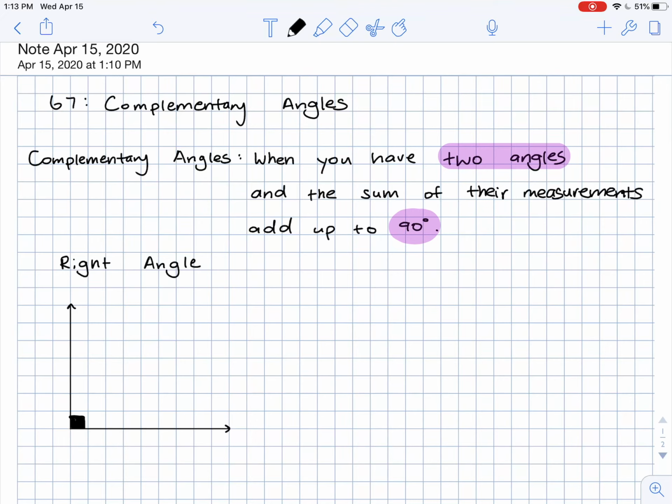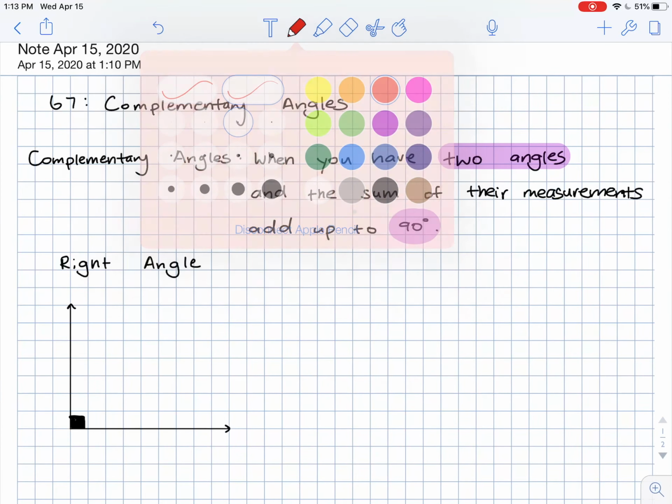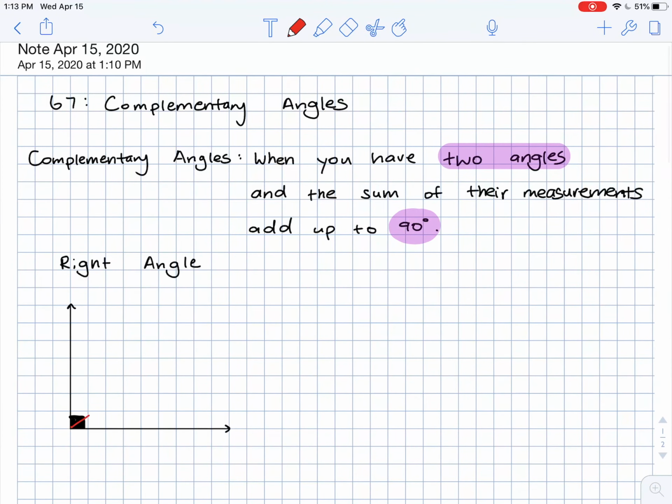Now, complementary angles is if we add two angles. So let's split this up. Okay, so we're going to have two angles. We'll have angle 1 and we'll have angle 2. So what do I know about these two angles? Well, I know I just took this 90 degree angle and split it up into two smaller angles.